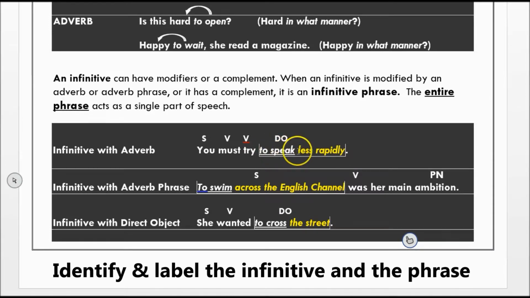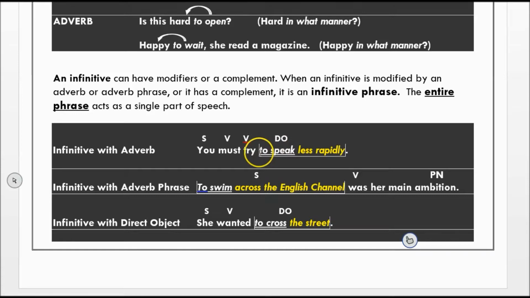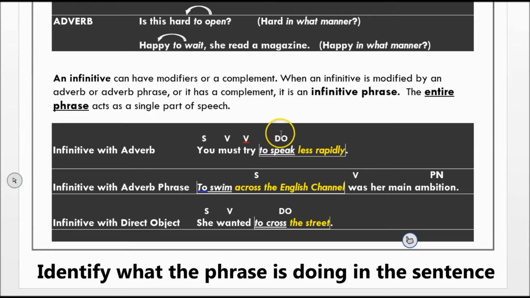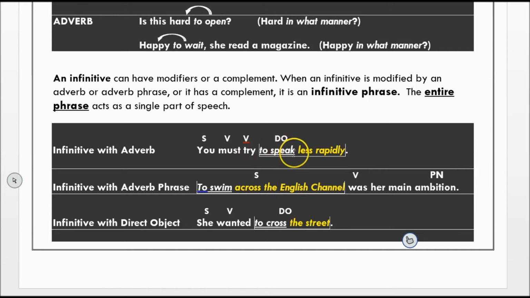Like here, I have the infinitive underlined, I have the phrase in italics with lines. However you want to do it, be sure you tell me how you've identified it, right? And then tell me what your infinitive is doing in your sentence, okay? So those three things: you identify the infinitive, you identify the whole phrase, and you tell me what the phrase is doing in the sentence.